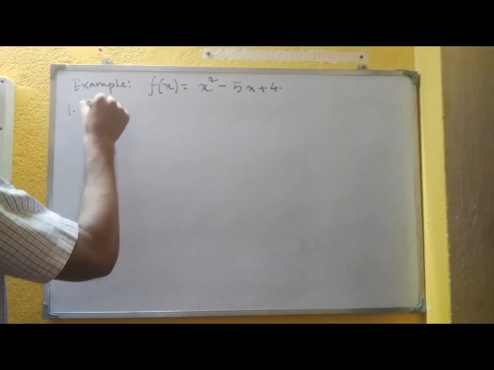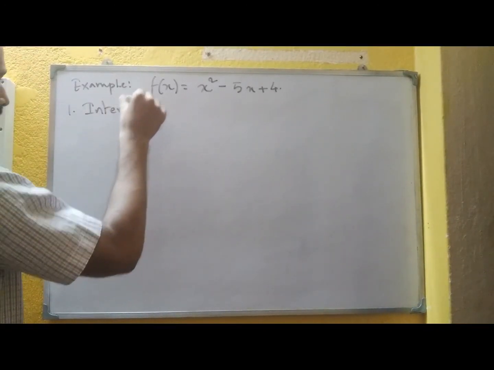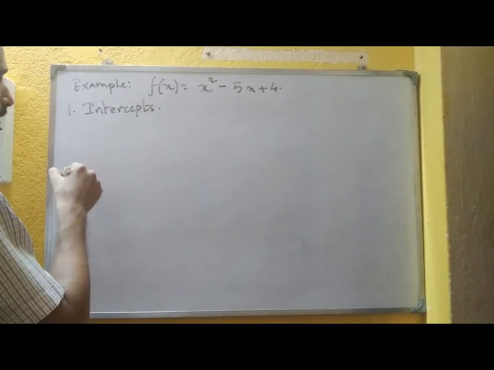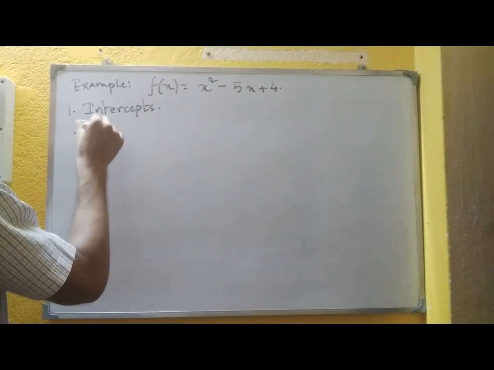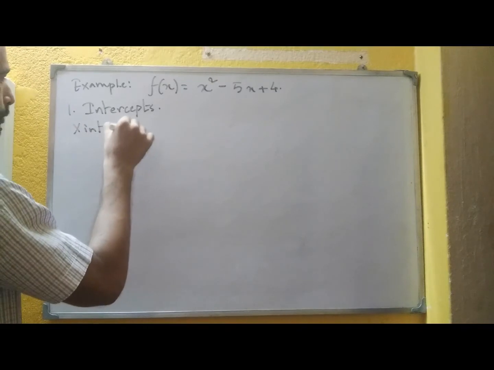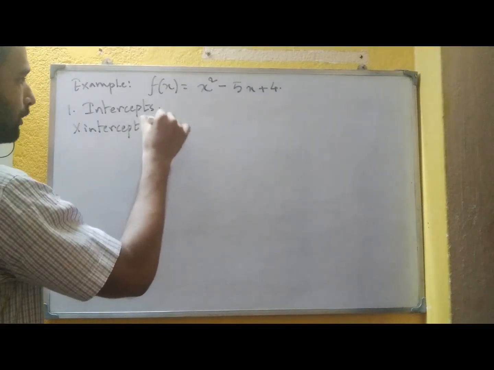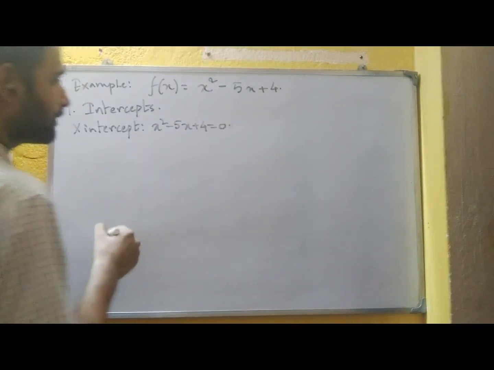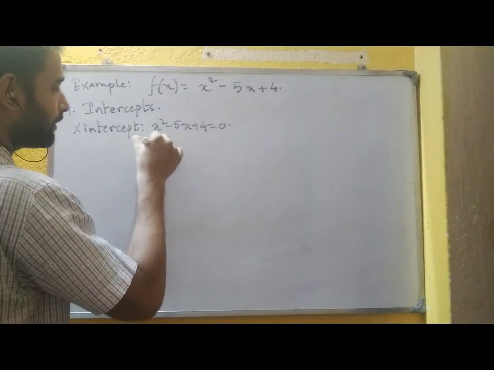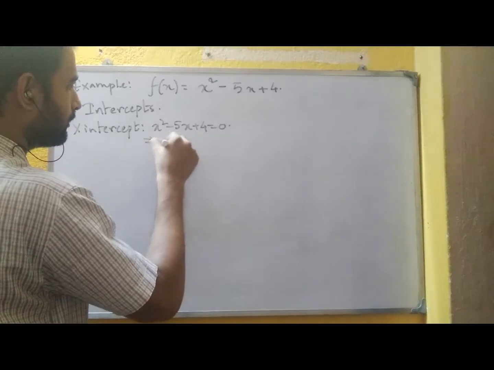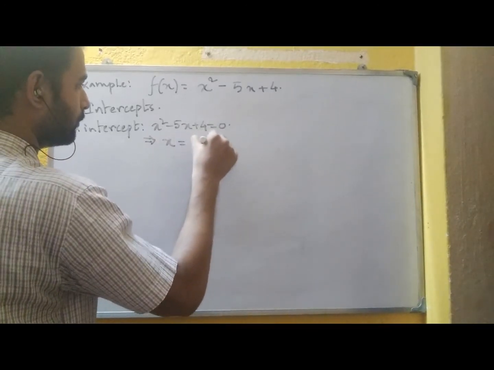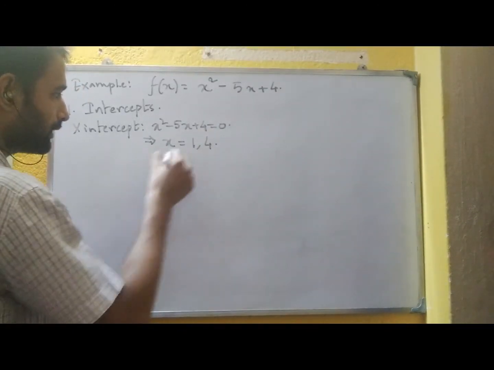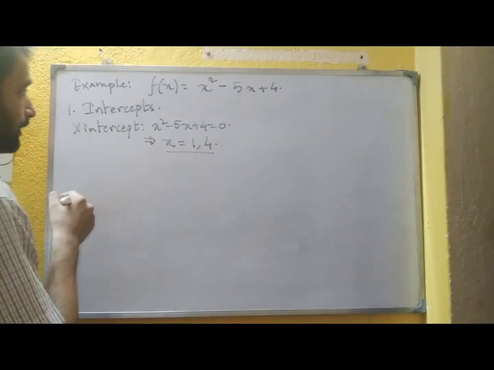Number one, we have to find the intercepts. For the x intercept, it is the roots. That means we have to solve x square minus 5x plus 4 equals 0. And if you solve it by any way, you will see that the roots are 1 and 4. So these are the x intercepts.